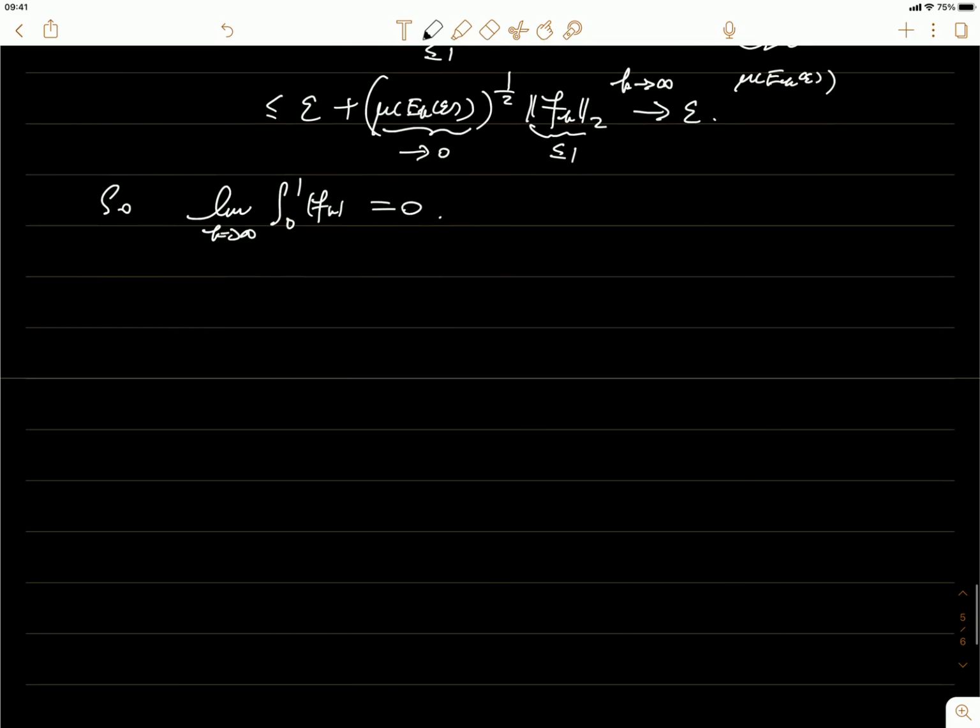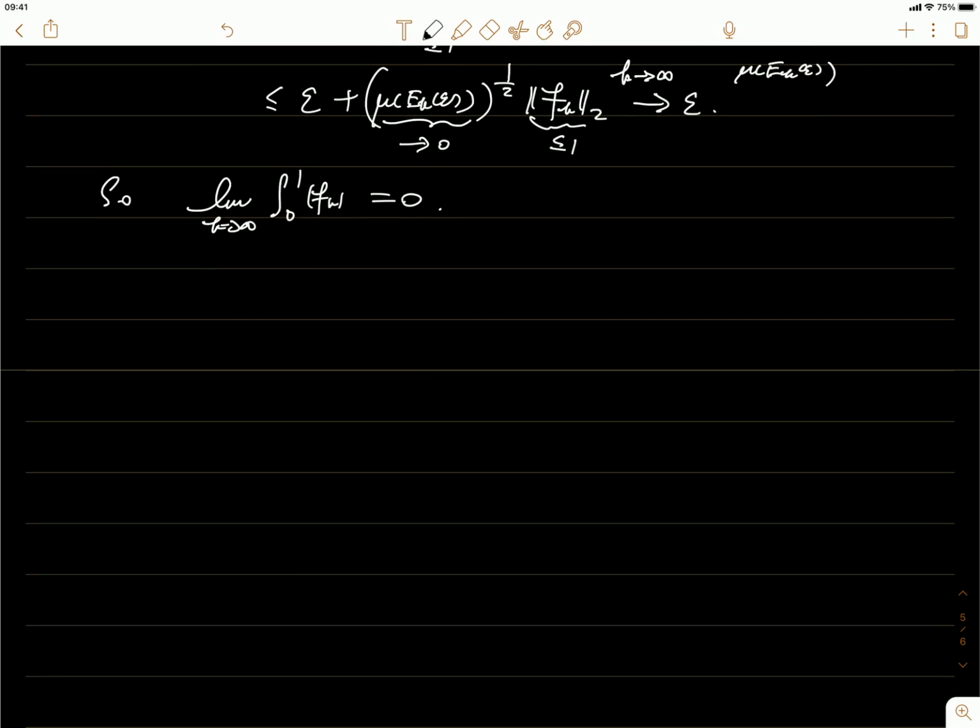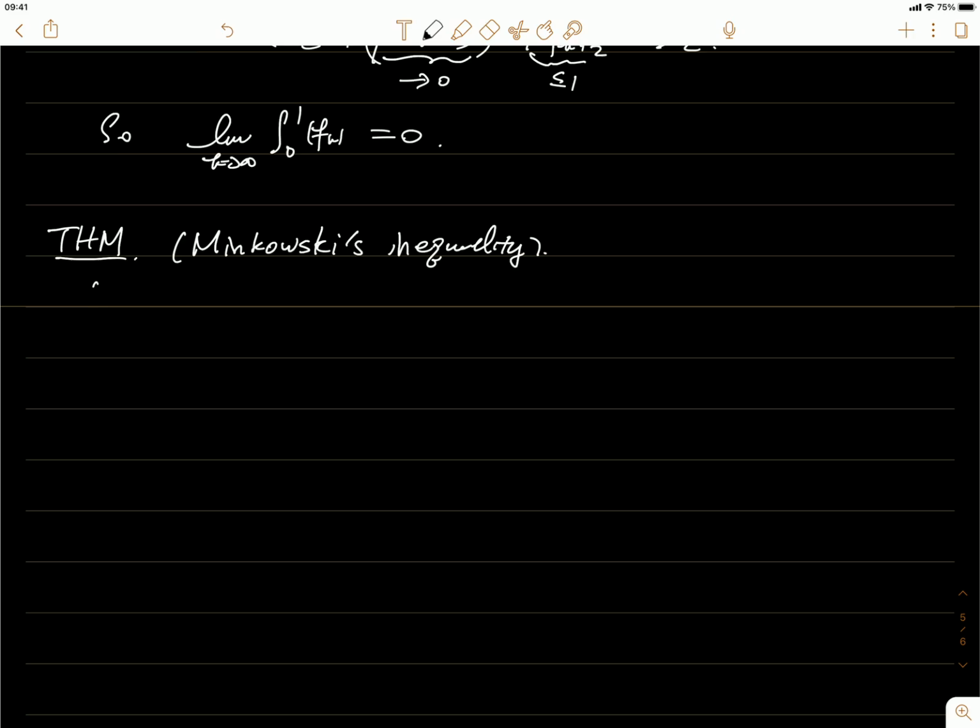Okay, so I'm going to show the last result in this class. It's a very famous inequality called the Minkowski inequality. Okay, so suppose that p is between 1 and positive infinity, could take the value 1 and positive infinity.